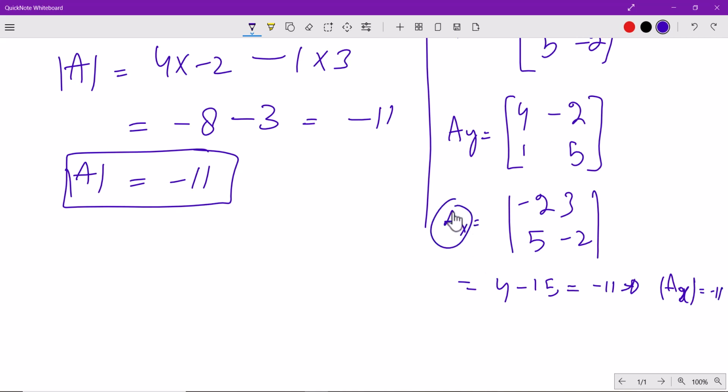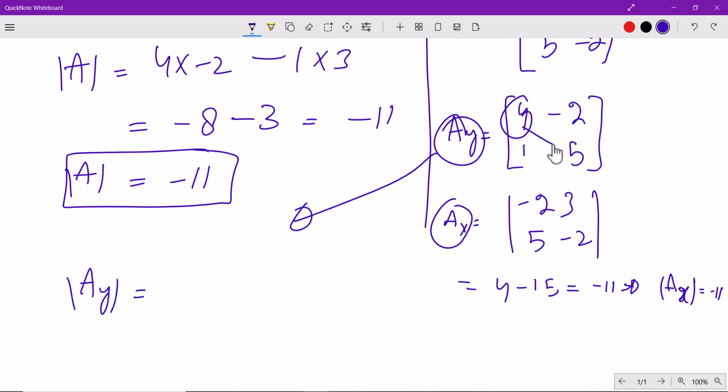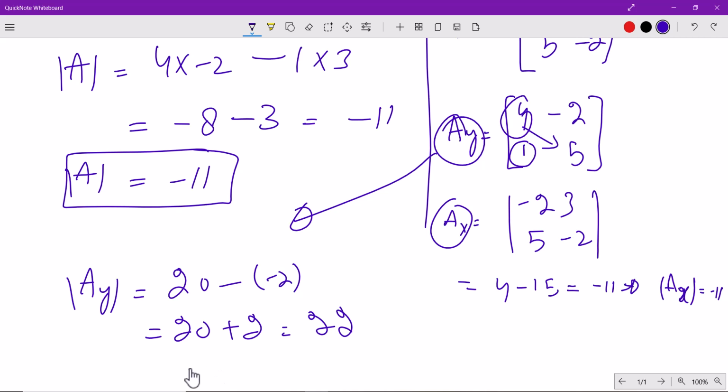Then find Ay determinant, which is equal to 4 multiply 5 is 20 minus 1 multiply minus 2, which is 20 plus 2, equal to 22. Ay determinant is equal to 22.